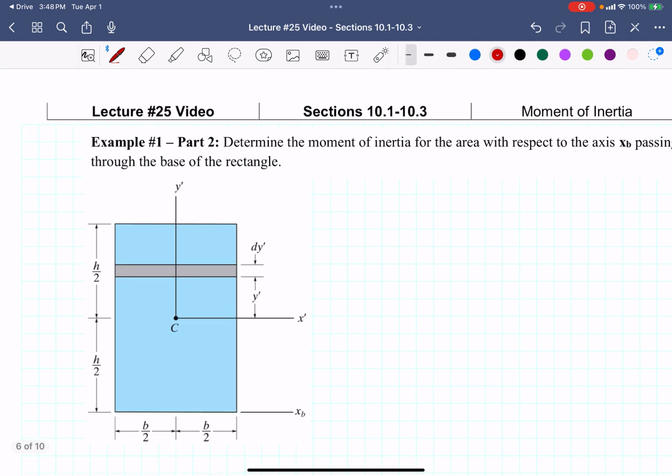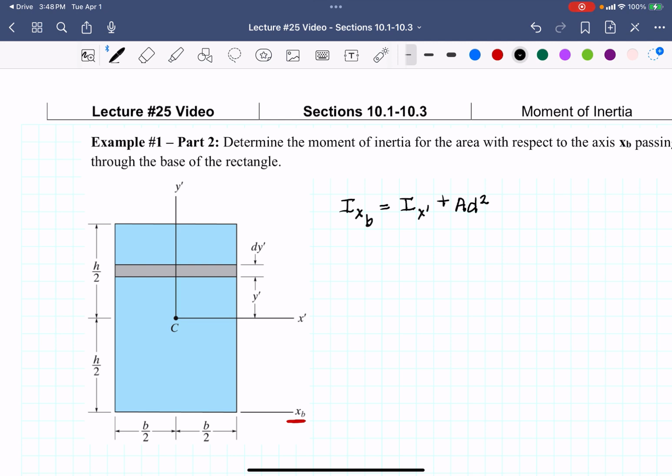So let's look at this rectangle again, but this time I want to find the moment of inertia for the area passing through the base of the rectangle. So I want to find it through this xb. I want to find I of xb. So I'm going to have to use the parallel axis theorem, which says if I want to find Ixb, it is going to equal what I found before, I of x', plus the area times the distance squared.